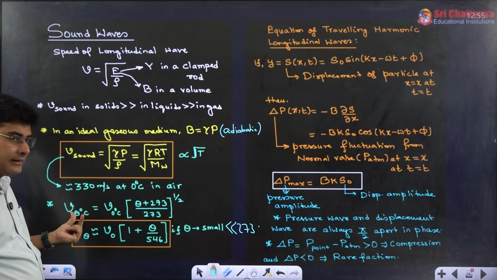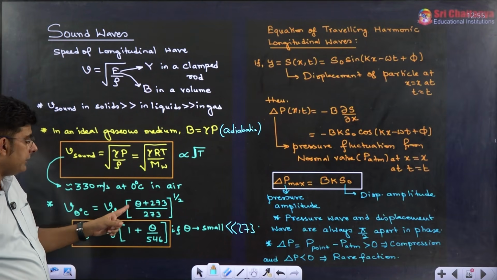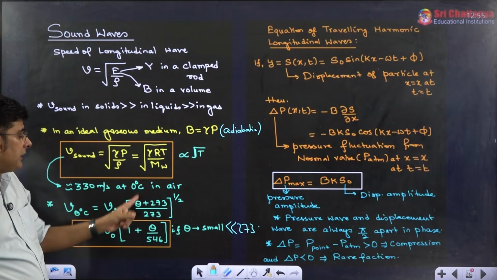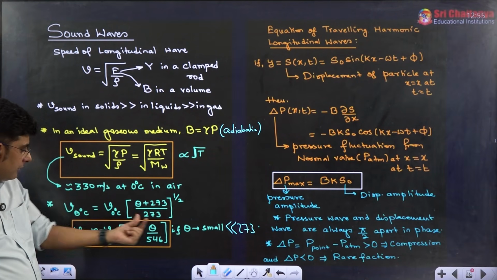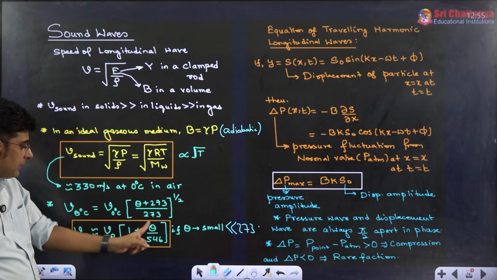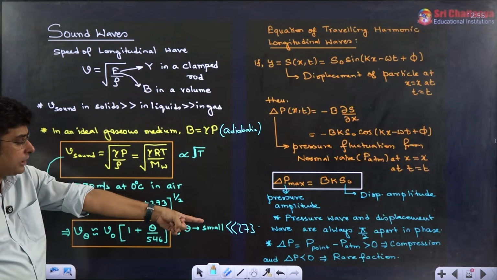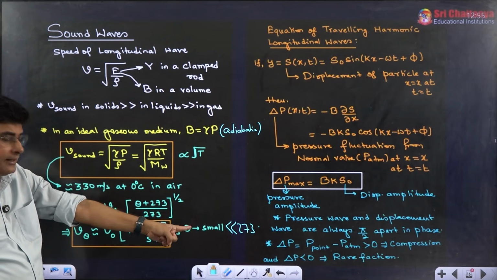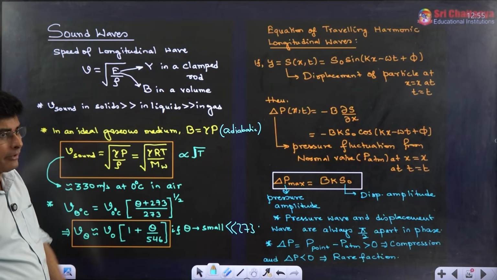If I write in Celsius, V theta equals V naught into root of (theta plus 273) by 273. When theta is very small, we can apply the binomial expansion, and it becomes V naught into (1 plus theta by 546). So when you are given temperatures very small compared to 273, with theta in Celsius, you can directly use V theta equals V naught into (1 plus theta by 546).